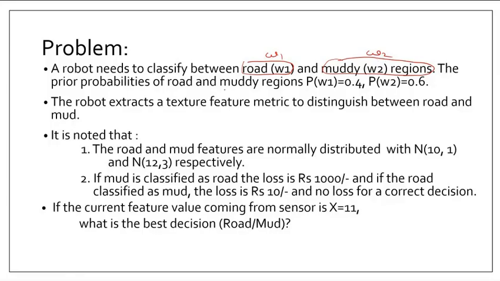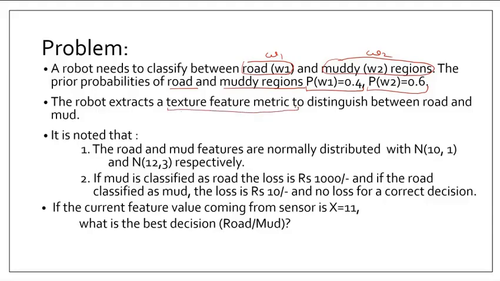The prior probabilities of road and muddy region in a given scene are like this. Say probability of omega 1 is 0.4. Say 40% of the time the robot is seeing road, and 60% of the time the robot is seeing a muddy region. The robot extracts a texture feature metric. So there is some metric which measures the texture in front of the robot.